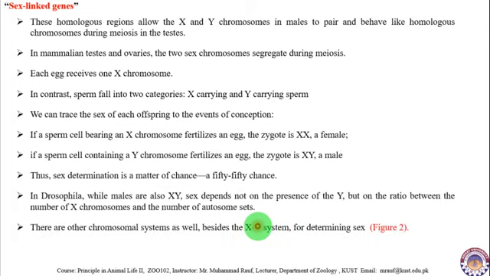Now there are different types of sex chromosomal systems besides the XY which exists in Drosophila and humans. So let's have a look at other types of sex chromosome systems.